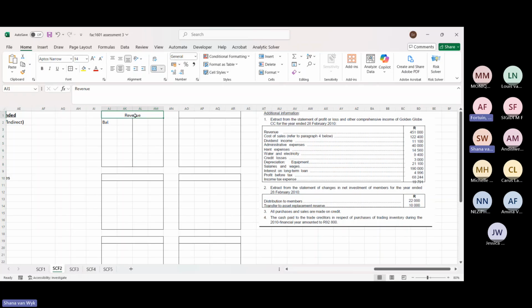Remember, we're looking for missing numbers that's going to represent the cash in my trade receivables. We are only looking for cash. So that means you're going to have a balance and we're going to have sales here. So this is going to be revenue.